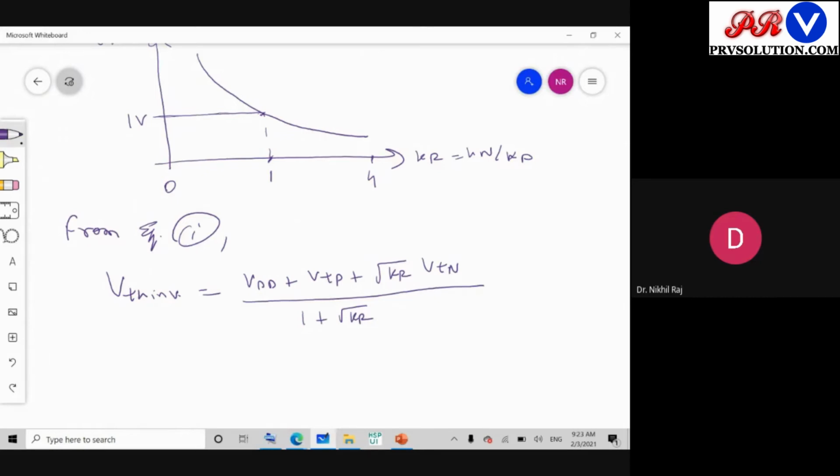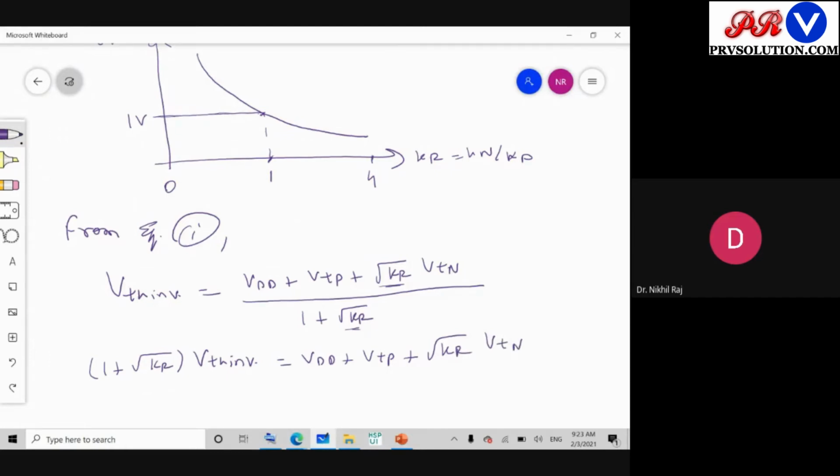Now in this, we will write the equation in terms of KR. I will put KR on the LHS and then we will see what KR actually depends upon. So now solve for KR. 1 plus square root of KR into VTH of INV equals VDD plus VTP plus square root of KR into VTN.